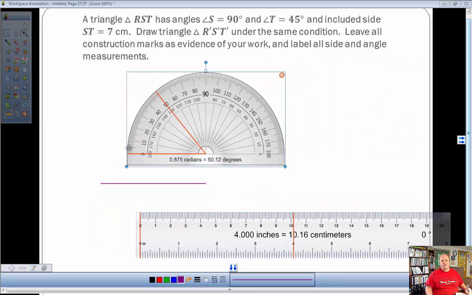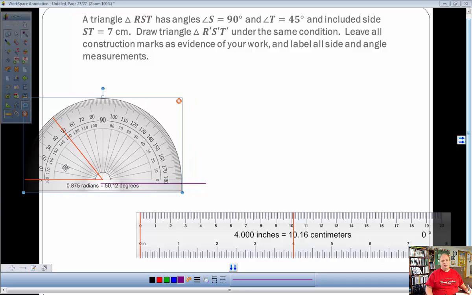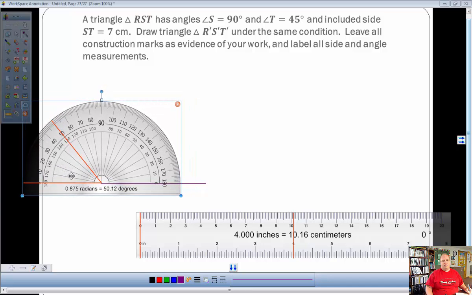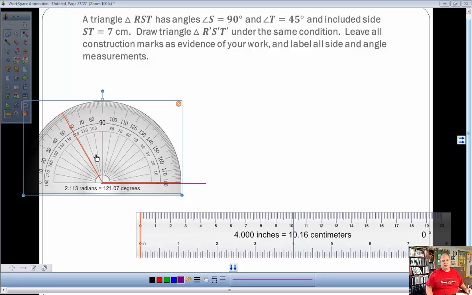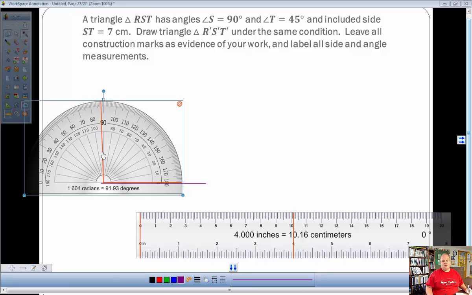Bring this over. And flip these guidelines all the way around to the other side. And this first angle we're going to be dealing with is 90 degrees. If I can get my guideline to work. There we go. Okay.